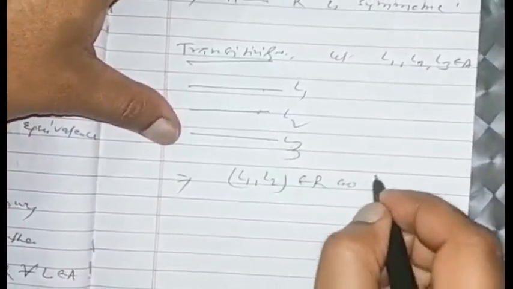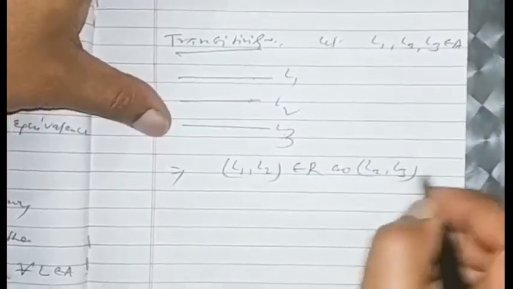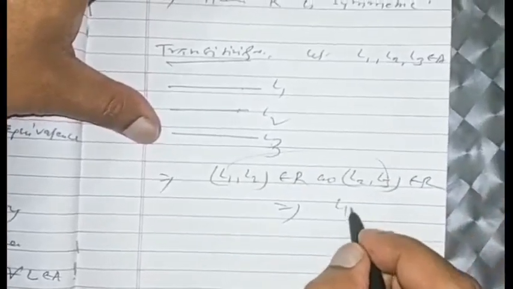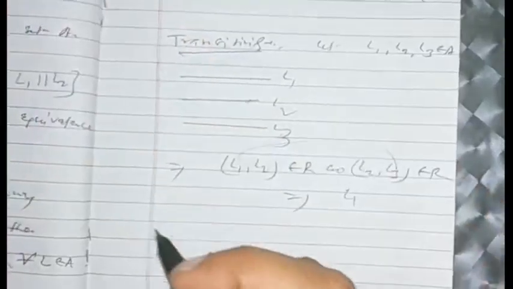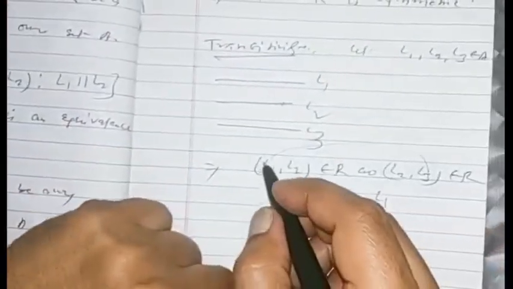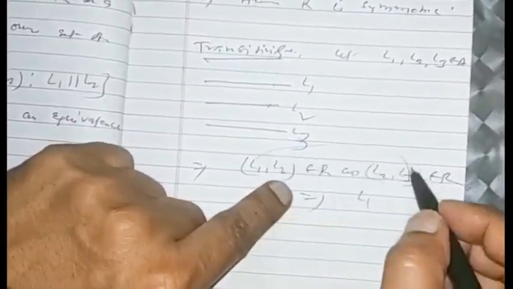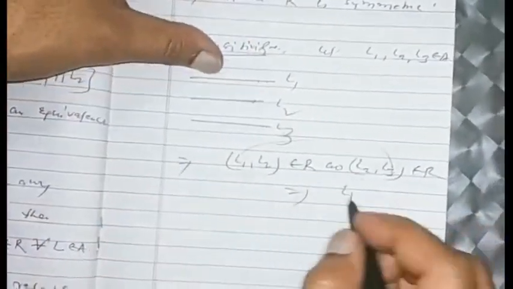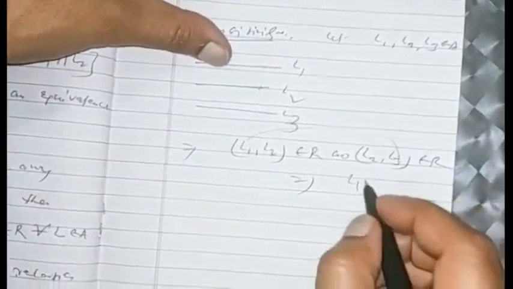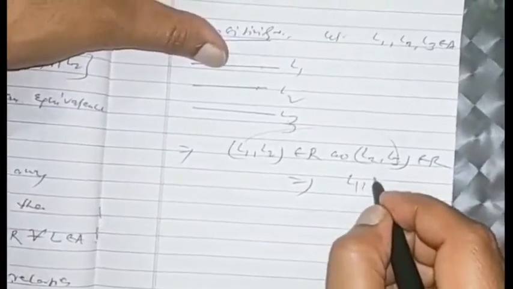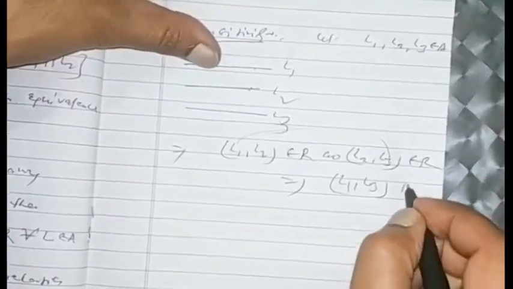We can also write it as follows: (L1, L2) belongs to R and (L2, L3) belongs to R. This implies L1 is related to L3 on the given condition of parallelism. This is the condition for transitivity, and (L1, L3) also belongs to R.